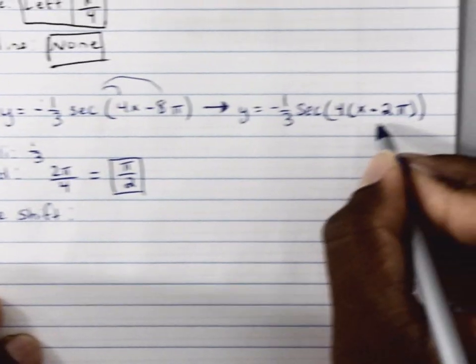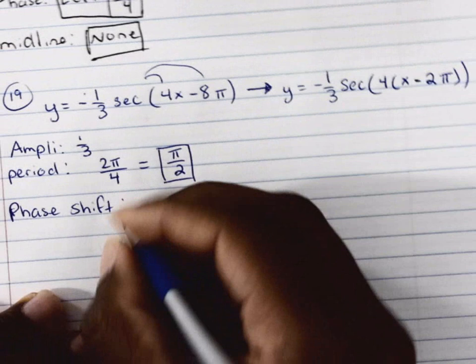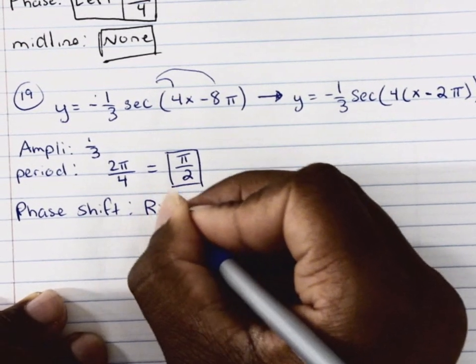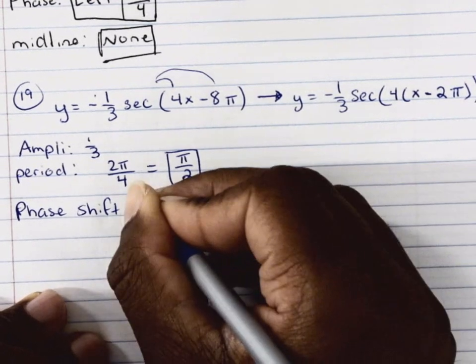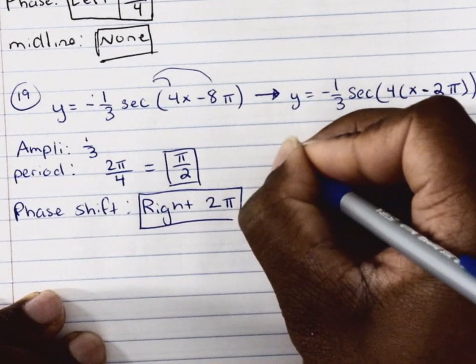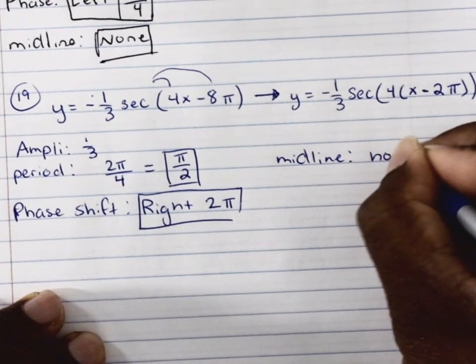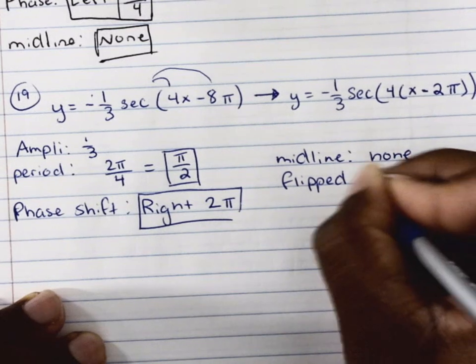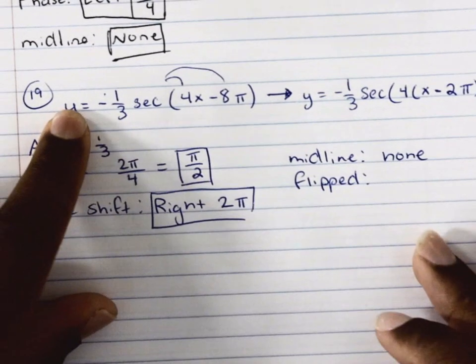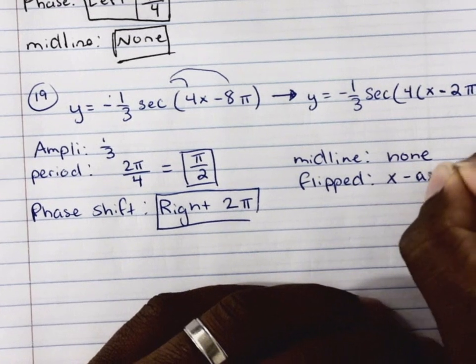Phase shift is what we see right here, 2 pi, and since it's negative, I'll go in the positive direction, which is right 2 pi. Midline, none yet. And then is it flipped or is it reflected? It is flipped across the x-axis because the lead number is negative.